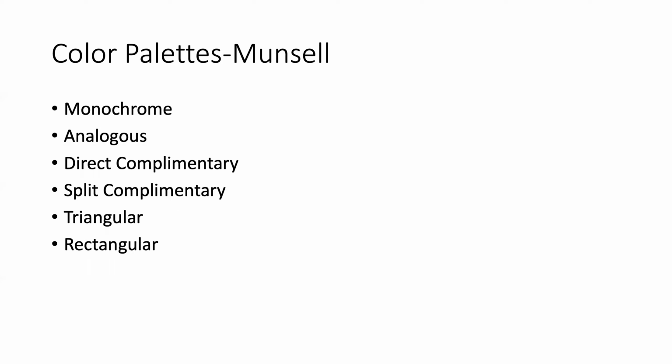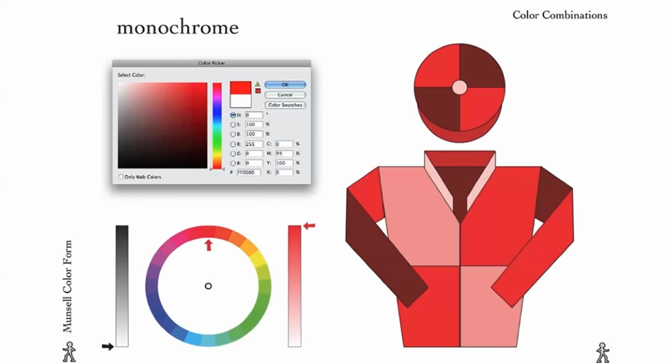Okay, so there's also the notion what we work with are color palettes. All right, and color palettes are groups of colors together, and these are sort of established. These are things that work. That's another value of Munsell. So I was talking to you before about monochrome.